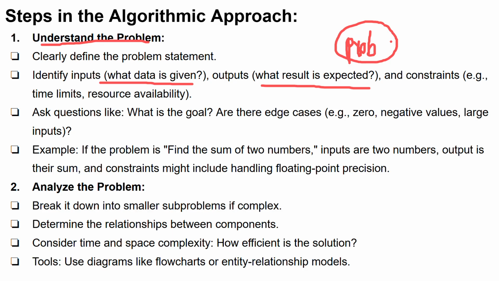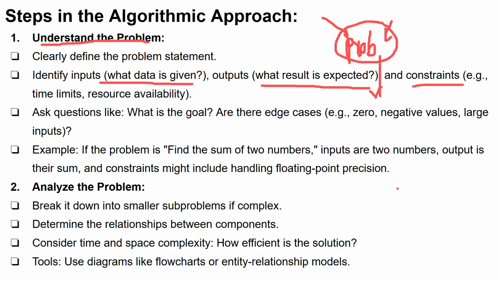What the inputs to this problem are and what the output should be must be known clearly. We also need to know the constraints, that is nothing but the boundaries, so the problem should be defined with its constraints.